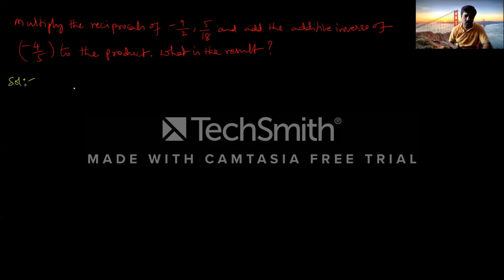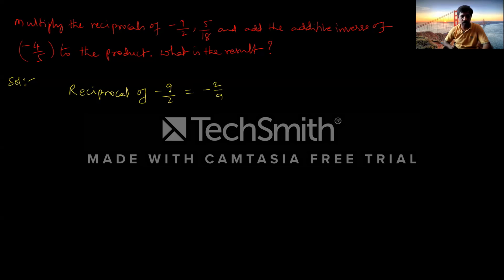First, take the reciprocals of these two numbers. Reciprocal of minus 9 by 2 equal to minus 2 by 9. We know reciprocal is nothing but multiplicative inverse.